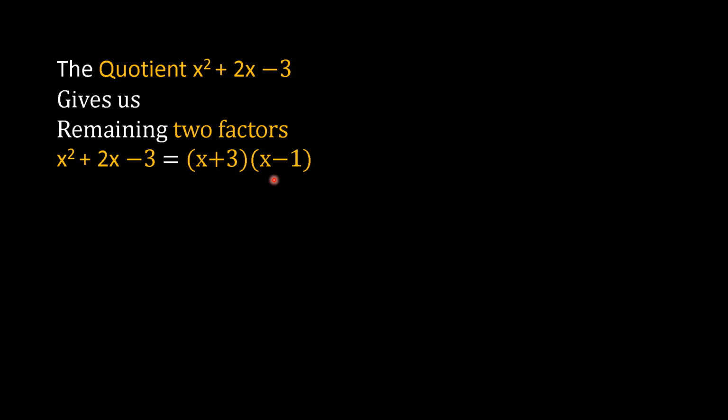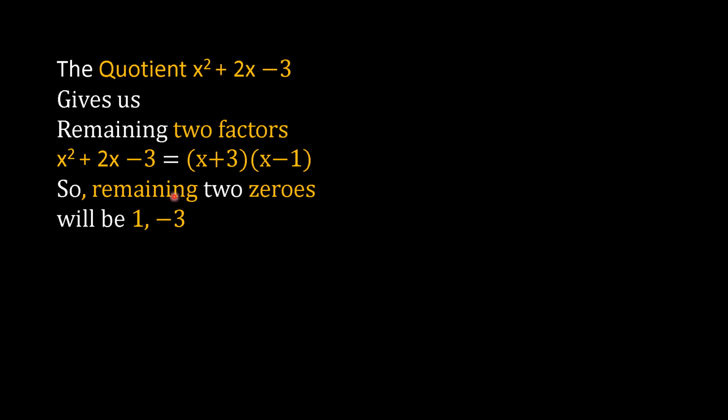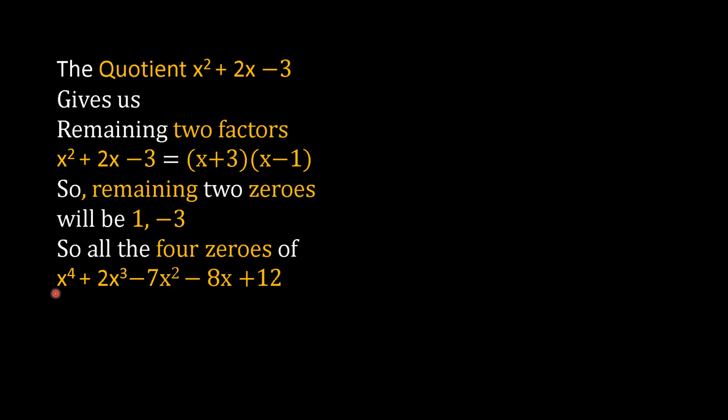Now these two factors give us the remaining two zeros, which will be 1 from this factor and minus 3 from this factor. So all the four zeros of the given polynomial, which is this, will be minus 2 and 2, which have already been given, and 1 and minus 3, which we have just found out.